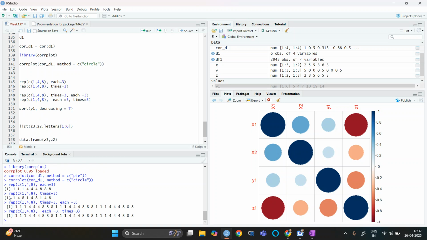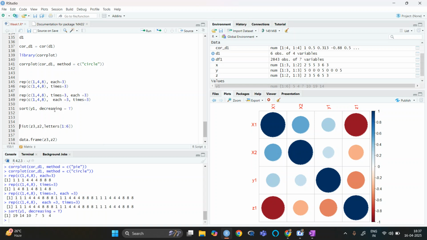If you give times, it will first take the whole vector and then repeat it 3 times, whereas for each it will first repeat each value. When you have times and each together, both work the same way: each works first and times works secondary.